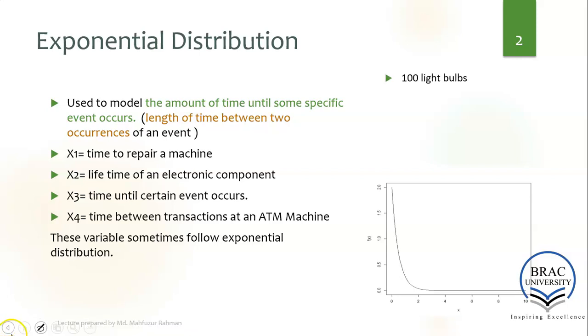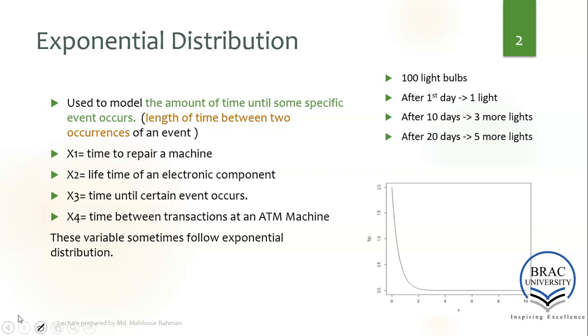Let's take an example of 100 produced light bulbs. We have a history of those bulbs. They are perfectly alright initially, but as the days increase, a few of them get fused. After the first day, one light got fused. After 10 days, 3 more lights got fused. After 20 days, 5 more lights got fused.